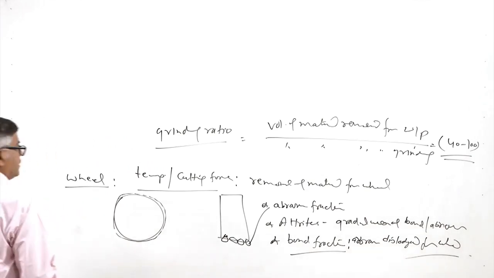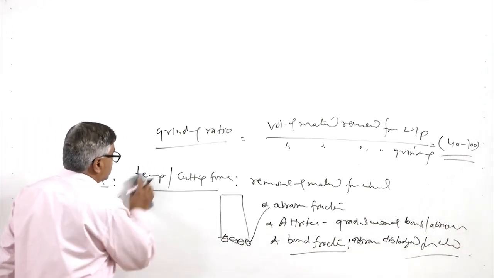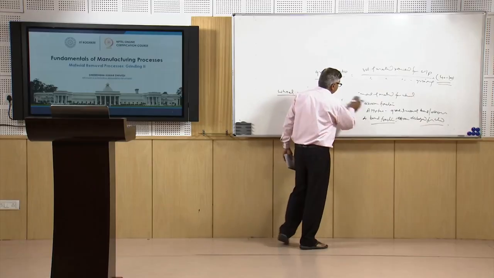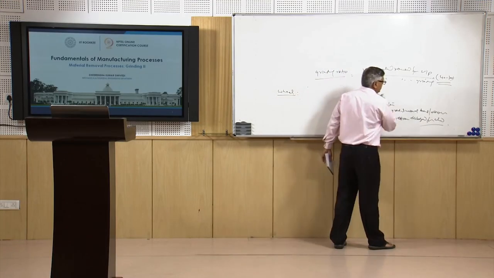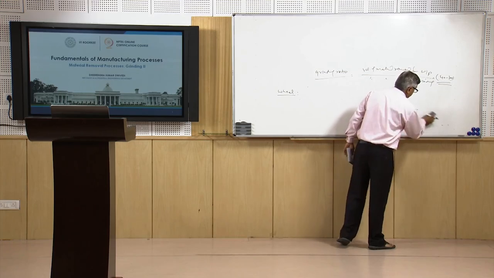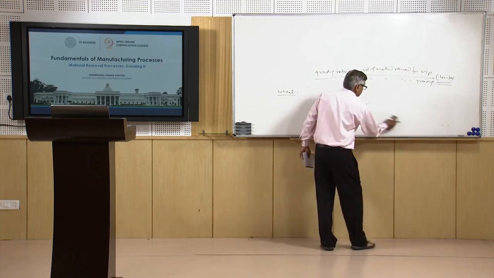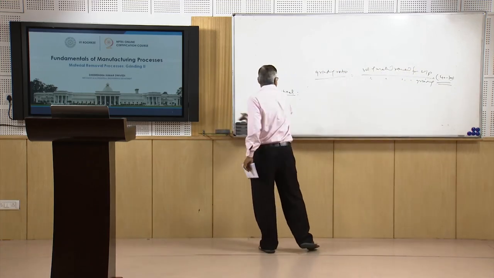So, if you look at the way by which the grinding wheel wears out during the grinding, there are different stages, and different mechanisms work in the different stages.